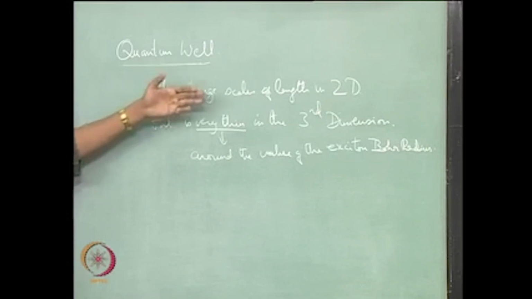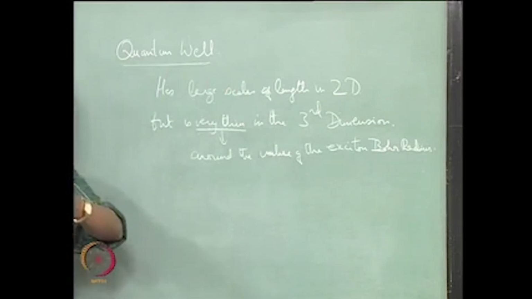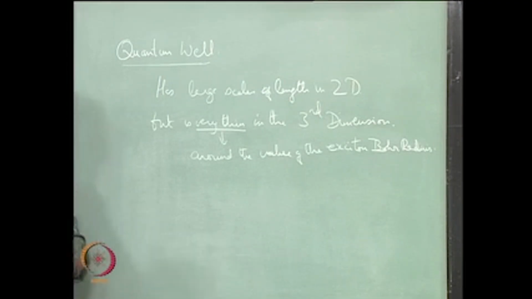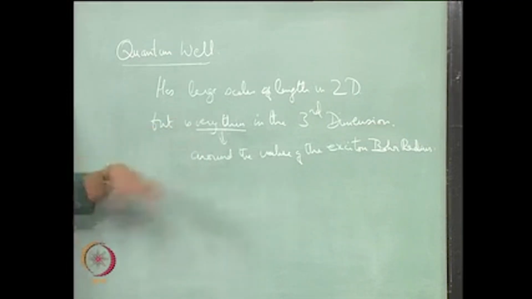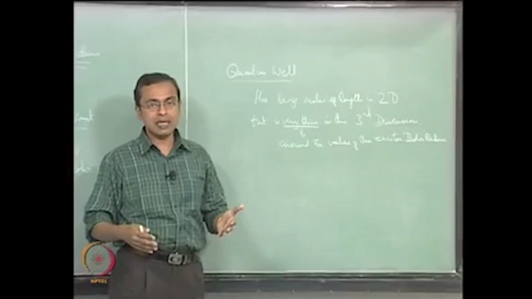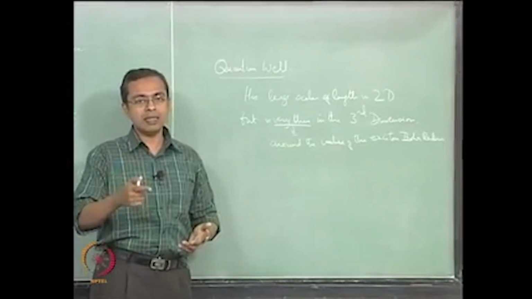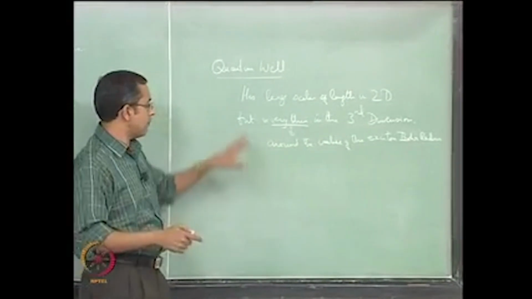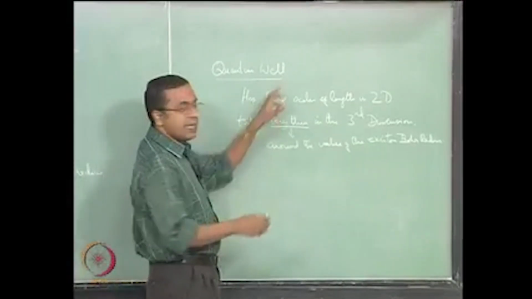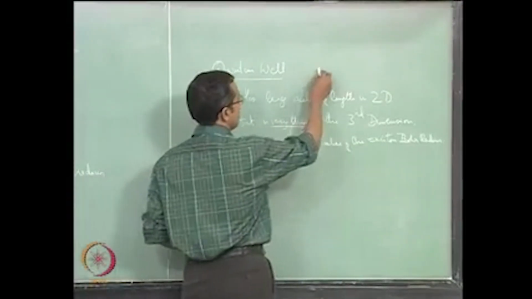So this is when you do this only in one dimension, and the electron is now actually free to move. In this case we are now discussing excitons. These excitons are free to move in 2 dimensions, but in the 3rd dimension they have very limited mobility. Okay, so when you talk of a quantum well, the exciton is now confined in one of the dimensions.